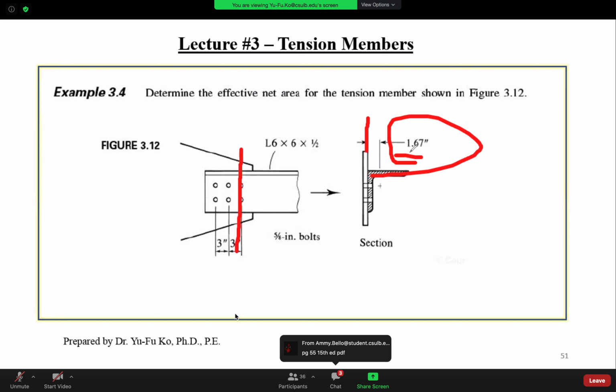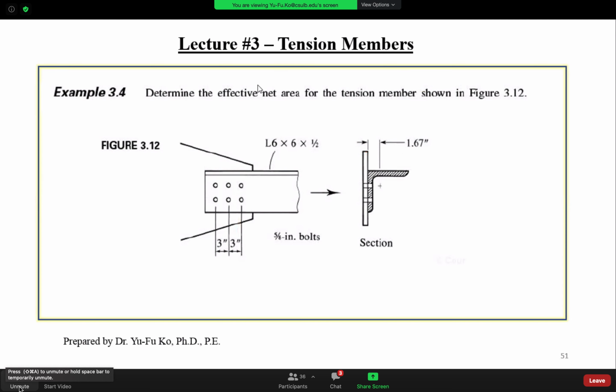Yeah, it says 1.67 in the 13th edition. Do you guys get it? So I believe if you go to the manual, there are 2 axes.